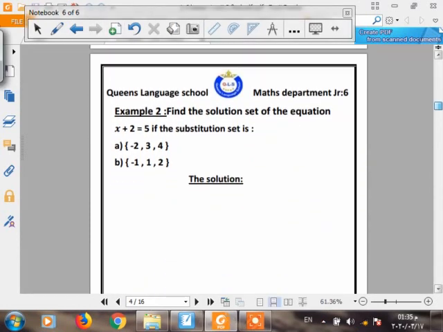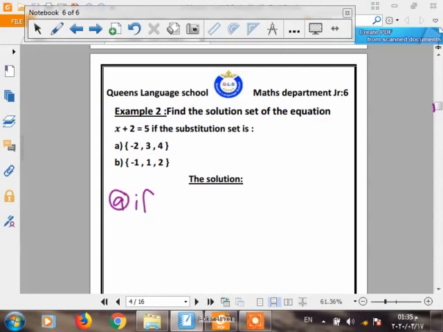Let's take more examples. Find the solution set of the equation x plus 2 equals 5 if the substitution set is {negative 2, 3, 4}. I solve A first.